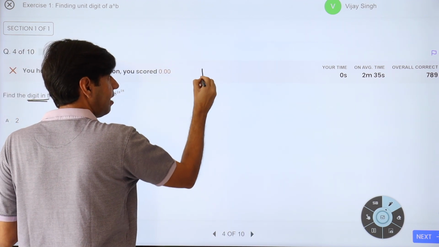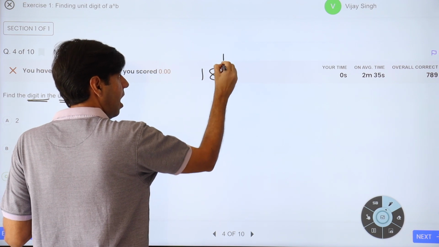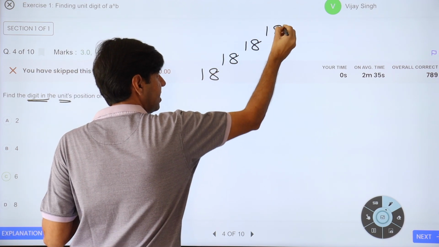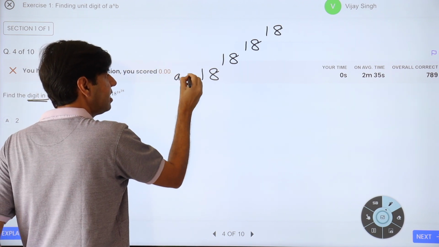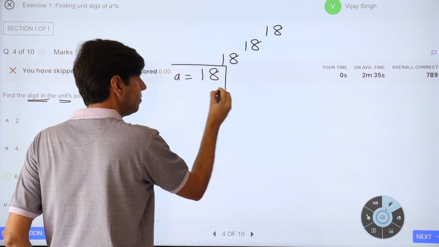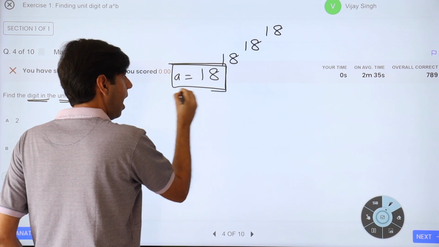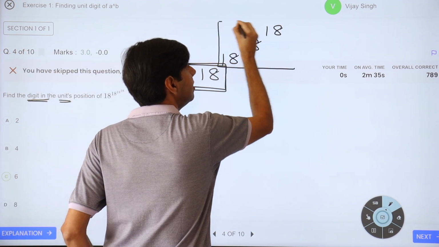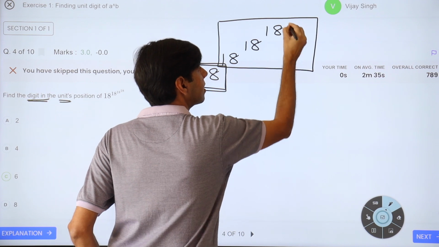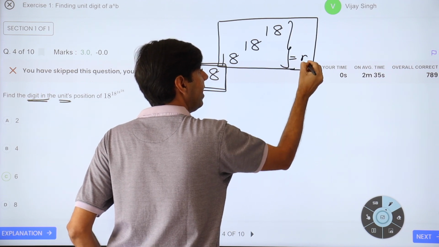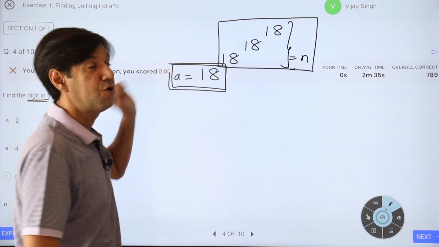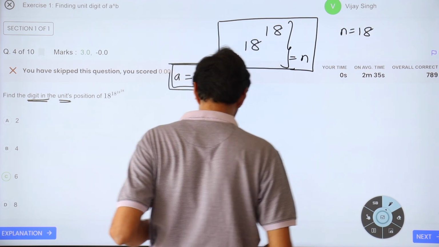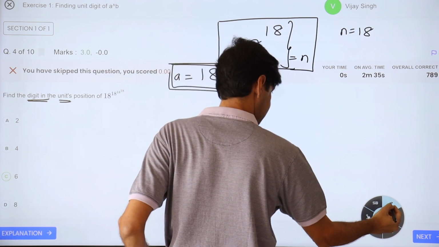If you look at this number 18, you should now be wiser from the last question and say, yes, a is equal to 18, but n is this full number. This full number is equal to n. n is not 18. Again, n equal to 18 will be wrong, students.